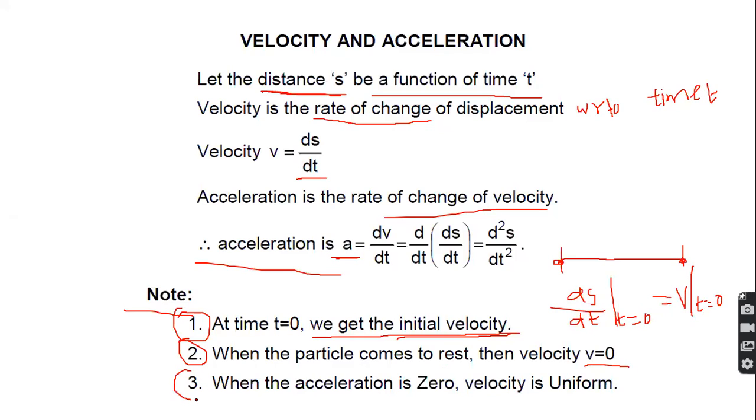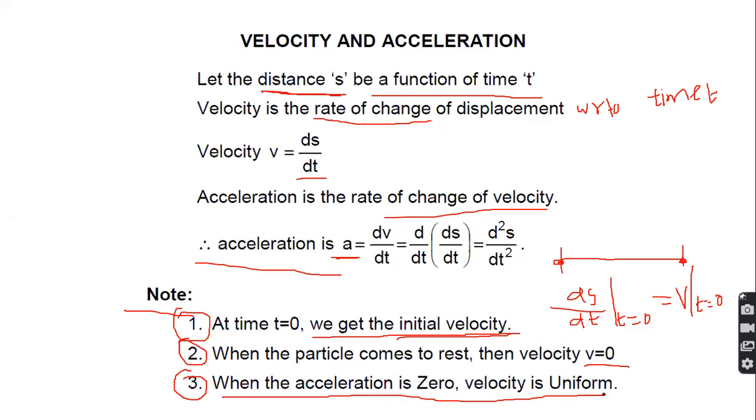The third one: when the acceleration is 0, the velocity is uniform. For example, if you launch a satellite, what is the velocity in the beginning?